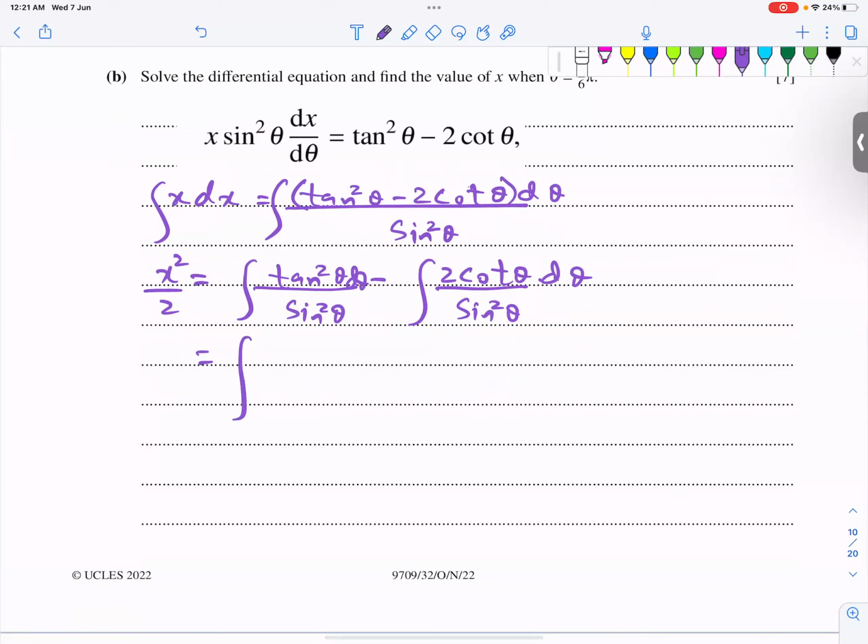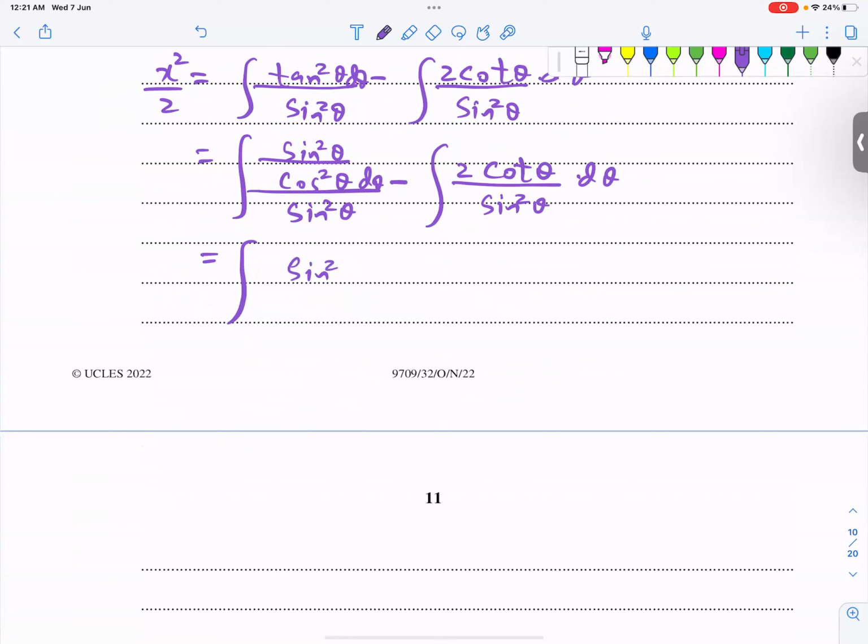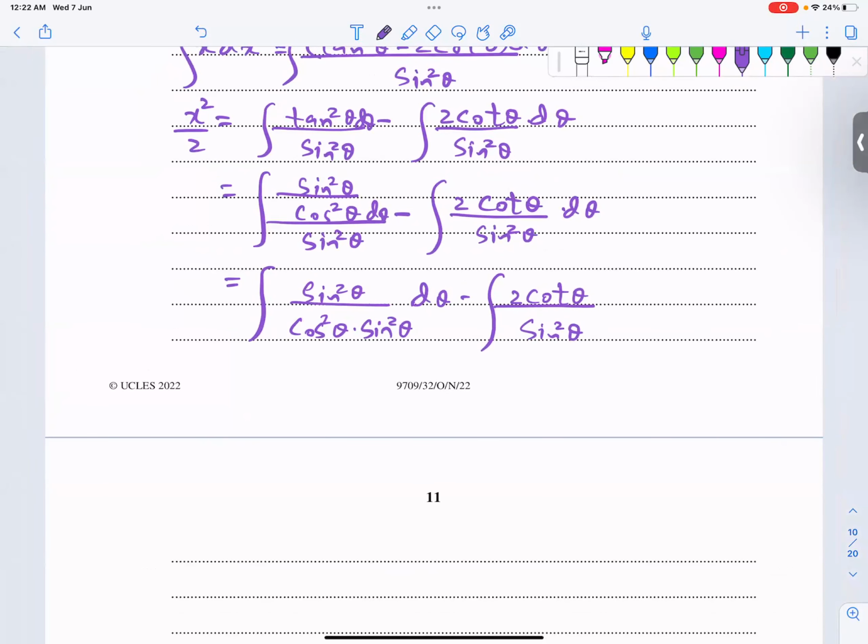Further, I can write tangent square theta as sine square theta over cos square theta, and then the whole thing divided by sine square theta d theta, minus 2 cot theta over sine square theta d theta.